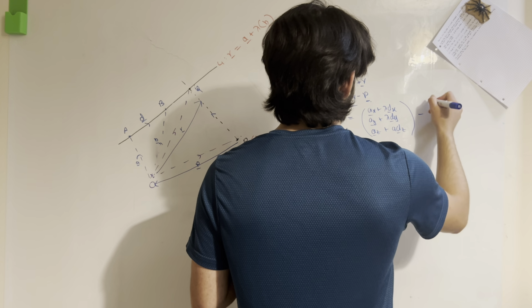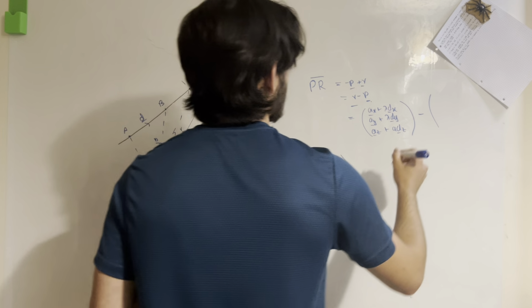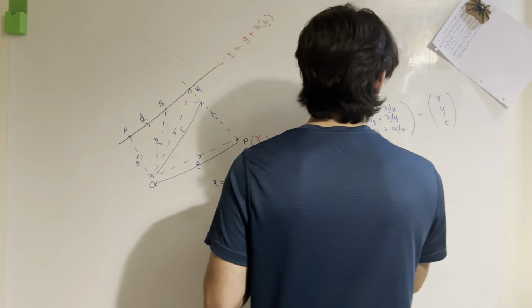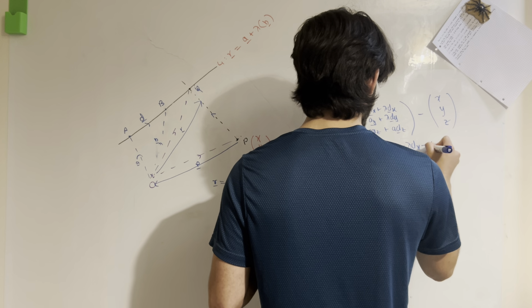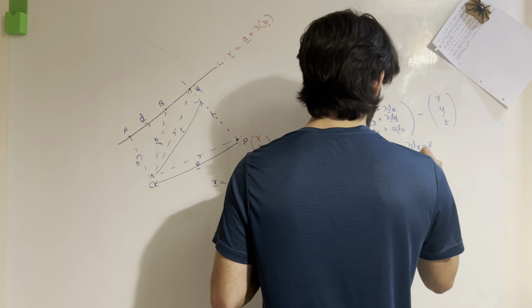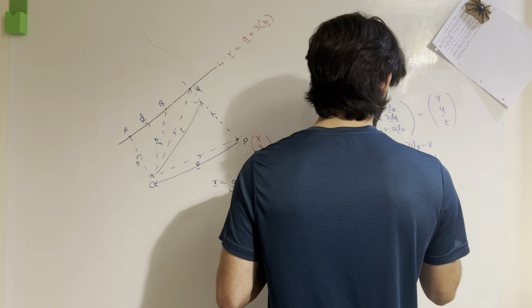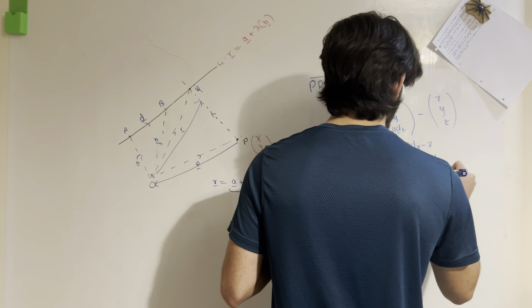And then you subtract your point P, which is going to be just a general point x, y, z, which will be ax plus lambda dx minus x, ay plus lambda dy minus y, az plus lambda dz minus z.